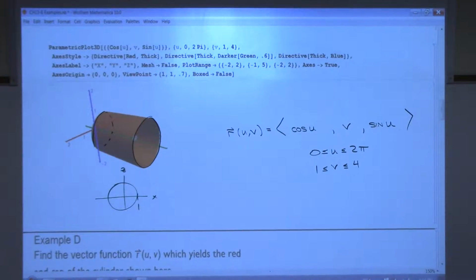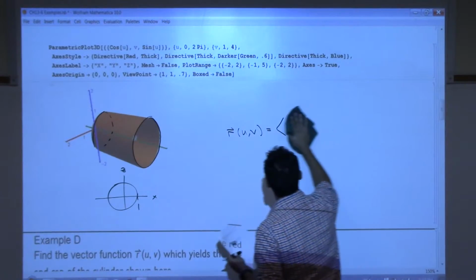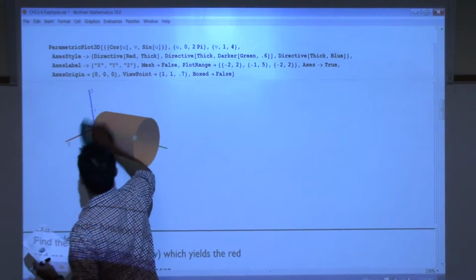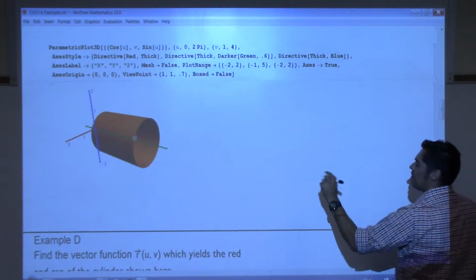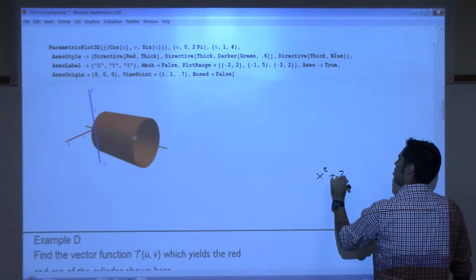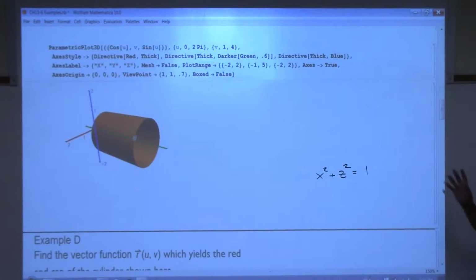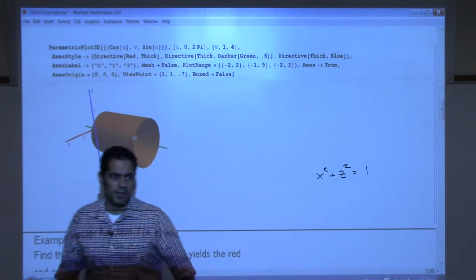Questions? What is the difference between my parametric equation that I just gave you and this equation?